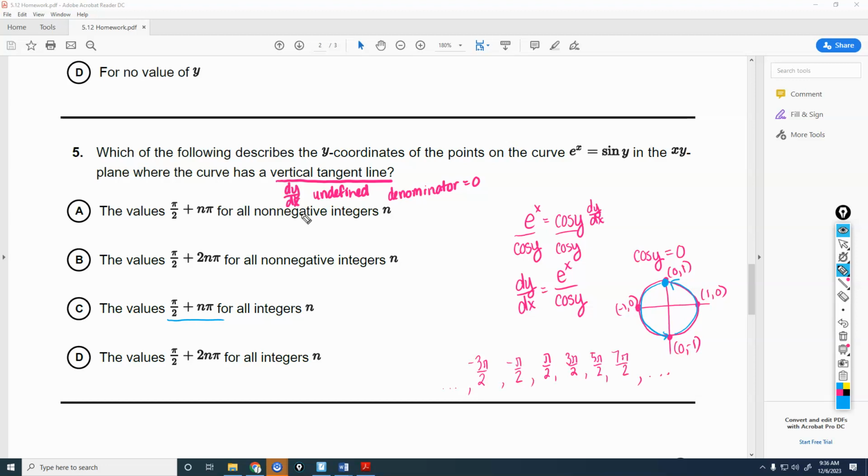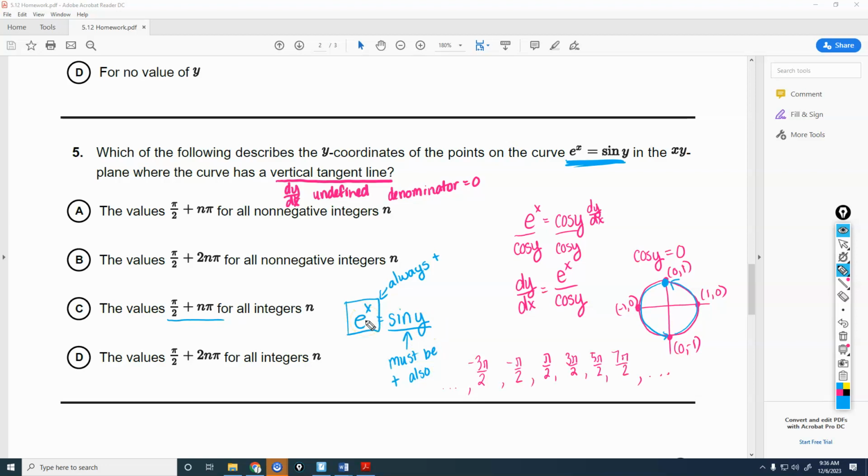The reason is because you also have to think about your original problem: e to the x equals sine of y. What do we know about e to the x? It is always positive, which means sine of y has to be positive for these two things to be equal to each other.